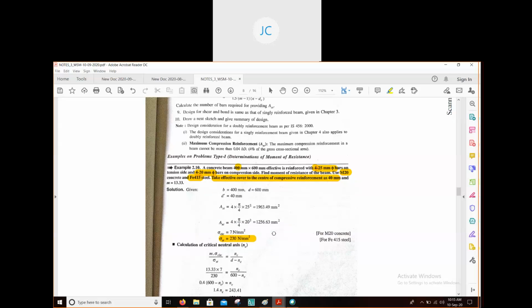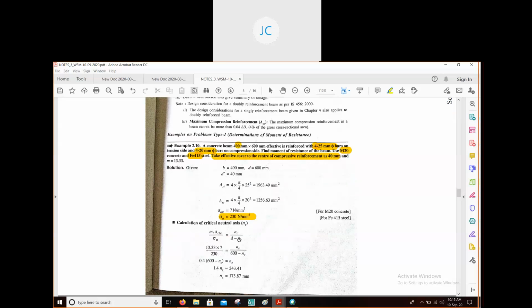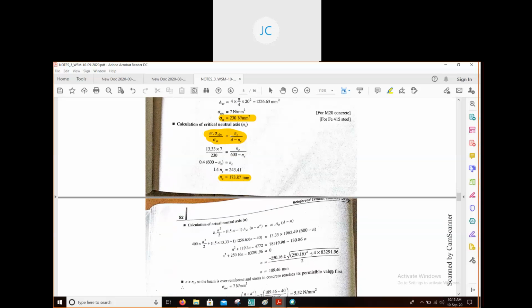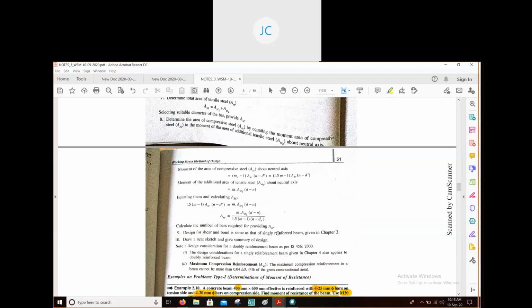The next procedure is the same. We have to find the critical neutral axis from this formula, which you have used more than 10 times. If you put all the values, you will get the critical neutral axis as this much. Then the actual neutral axis formula is this one. I have shown you the formula.